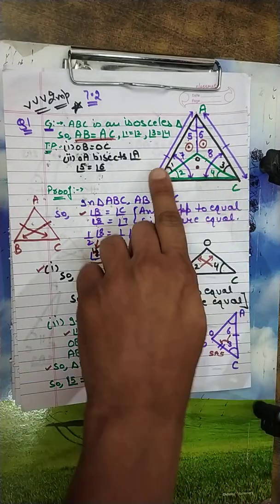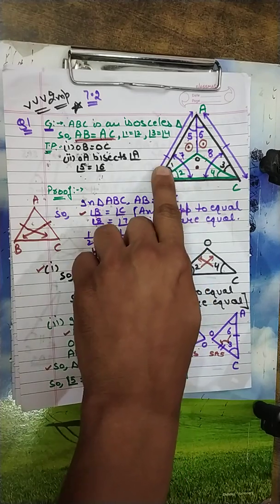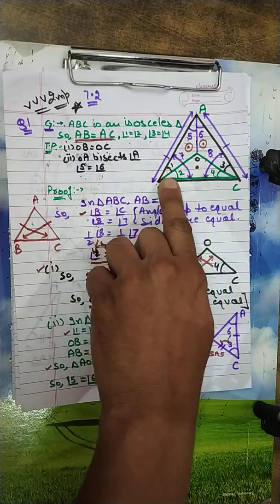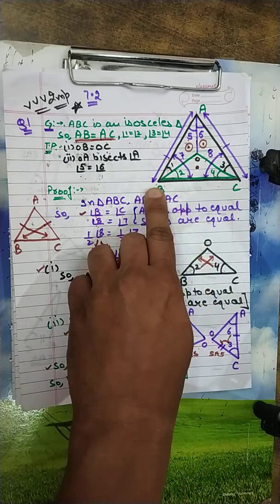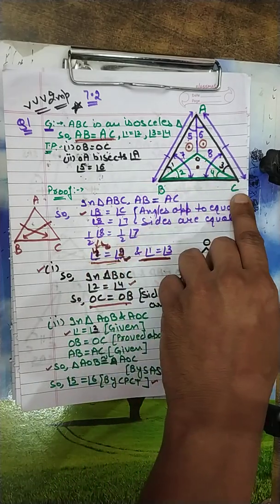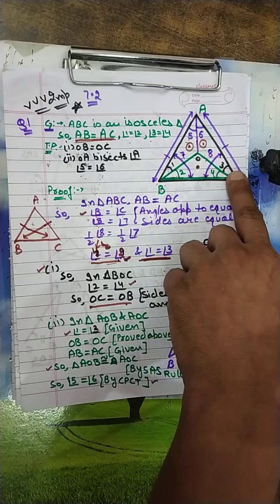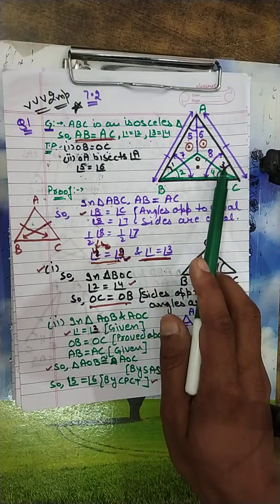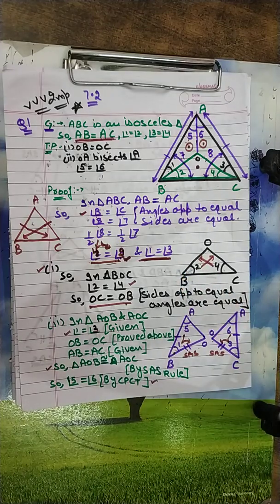Now I have mentioned here angle 7. Angle 7 is angle 1 plus 2, which means angle 7 is full angle B, and angle 8 is full angle C. Angle 8 is angle 3 plus angle 4.